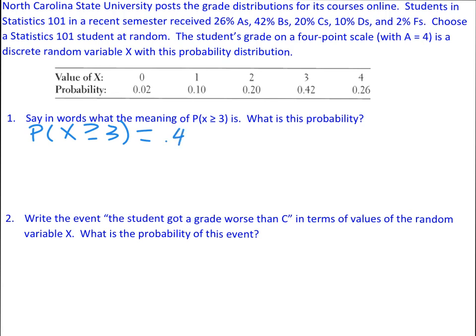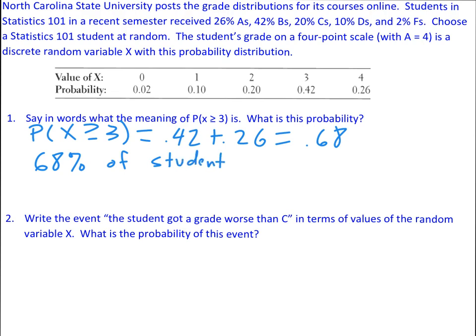That would be 0.42 plus 0.26 would be 0.68. Okay. Now, in very simple terms, that's what it means.